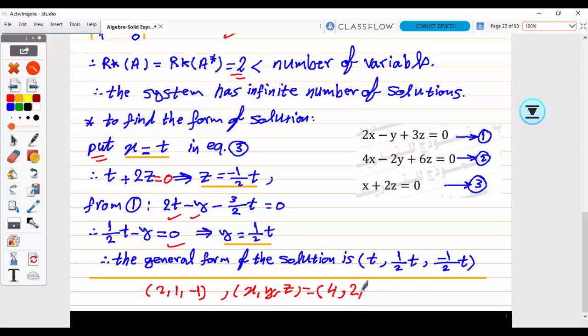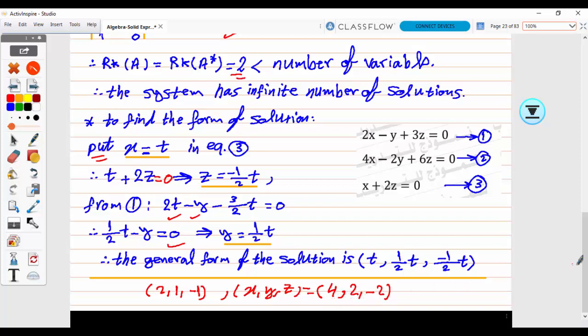Negative half multiply 4 equals negative 2. So 4, 2, and negative 2 is another solution, and so on. That's why we say that the general form of the solution is t, half t, and negative half t. Let us try this solution. So 4, 2, and negative 2 is a solution.